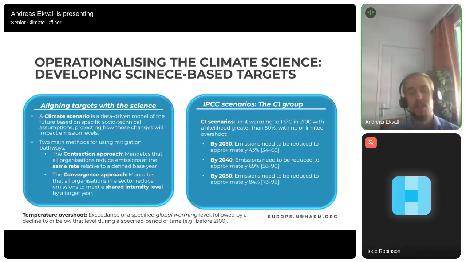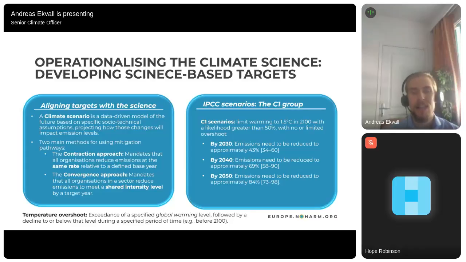This method uses a sector-specific scenario, usually focusing on a physical intensity unit. You'll find a few examples of what this can look like in the handbook, but an example of a physical intensity level would be that a hospital might set a target to reduce its emissions per patient.